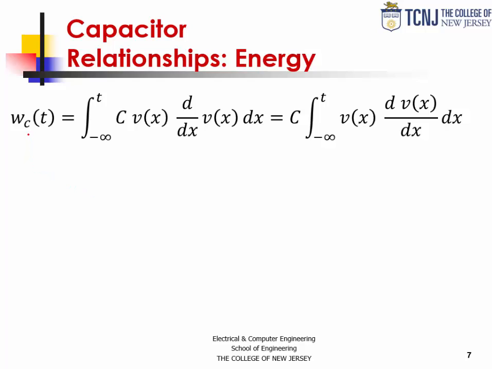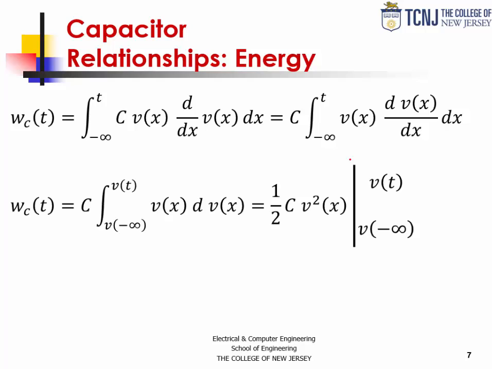We can also integrate that power expression, and we know that energy is the integral of the power, so we can integrate that power expression and we get the following expression all the way here to the right.